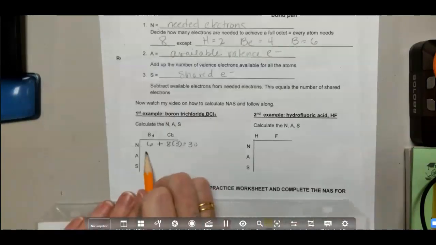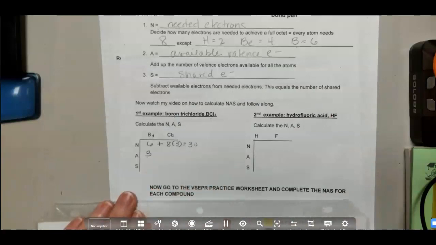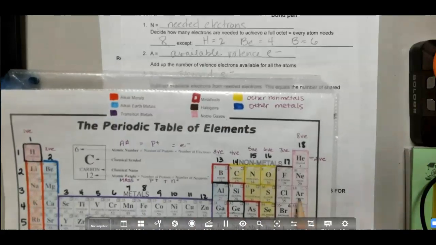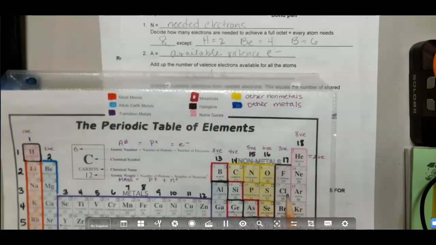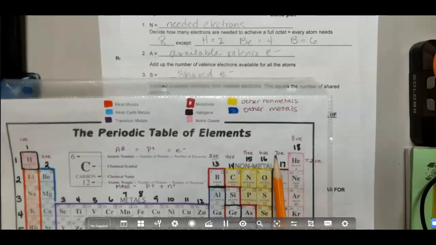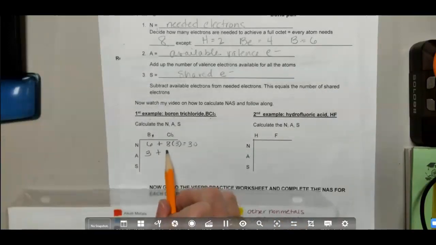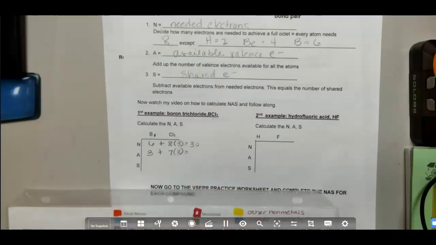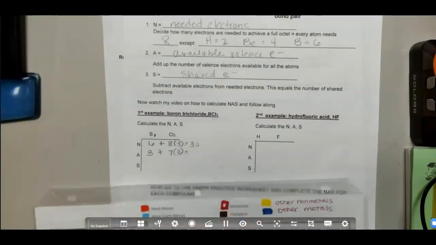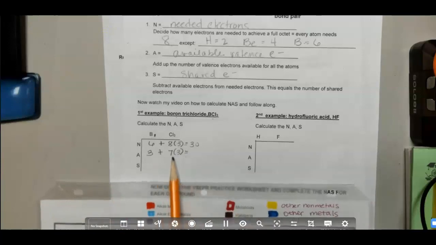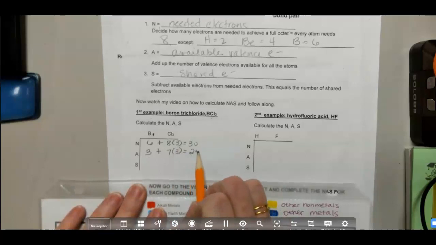So I'm going to put 3 in the available. Plus, I've got chlorine. Chlorine is in group 17, so he has 7 valence electrons available. So I'm going to write 7 here times 3. Okay, and now we're going to do the math on this one. 7 times 3 is 21, plus 3 is 24.